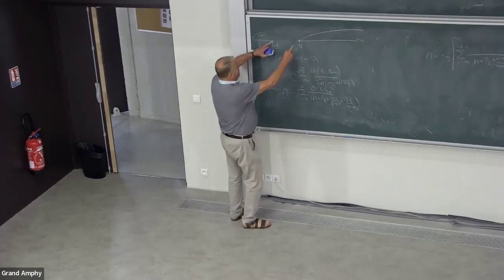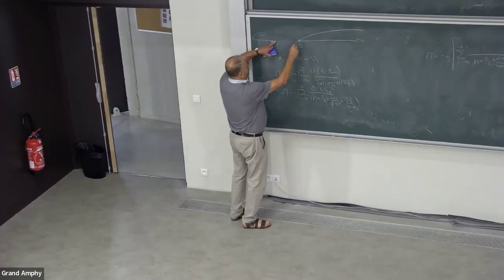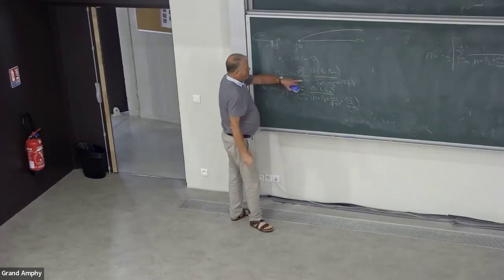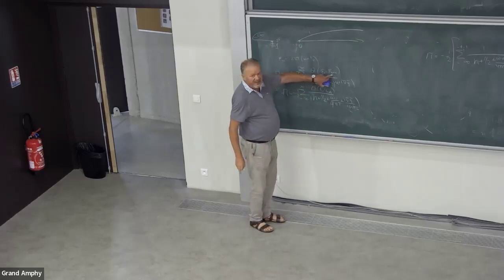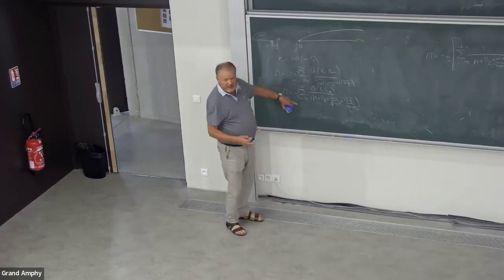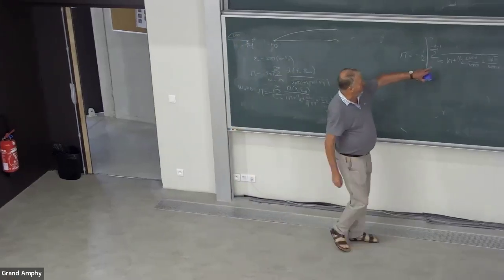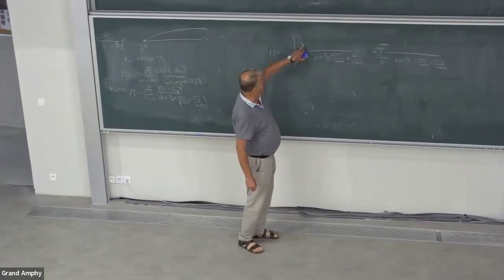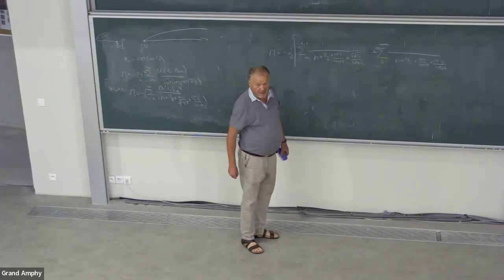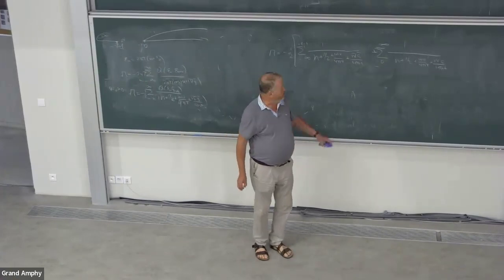But when n is in the interval from minus nu to minus 1, this one is negative and this one is still positive. So I exclude this from the summation. I wrote that my summation goes from minus infinity to the point minus nu minus 1, because the other part is 0.